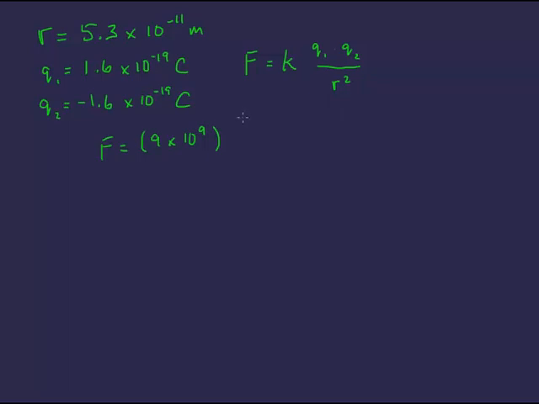And then I've got 1.6 times 10 to the negative 19 times 1.6 times 10 to the negative 19, which I think I can just write as 1.6 times 10 to the negative 19 squared, all over my distance squared, which is 5.3 times 10 to the negative 11 meters squared.